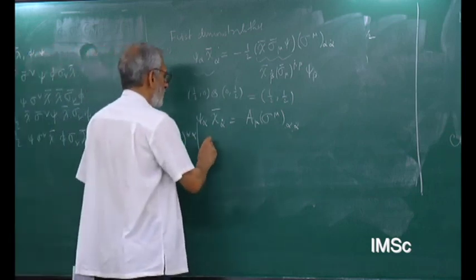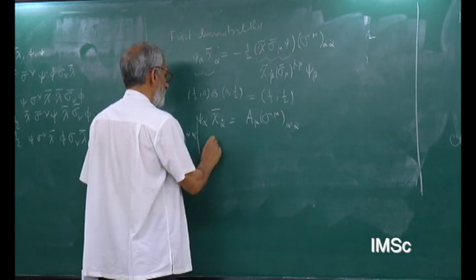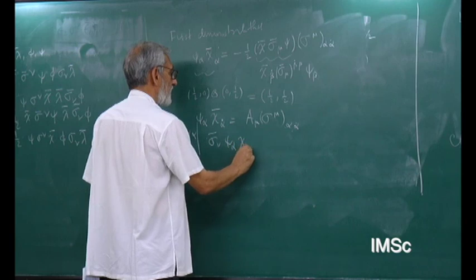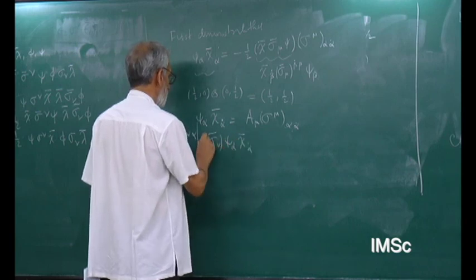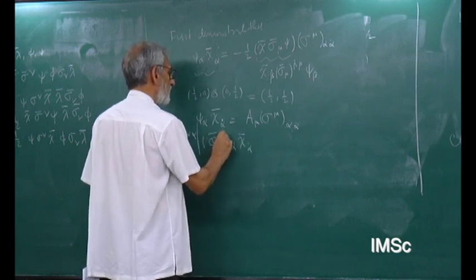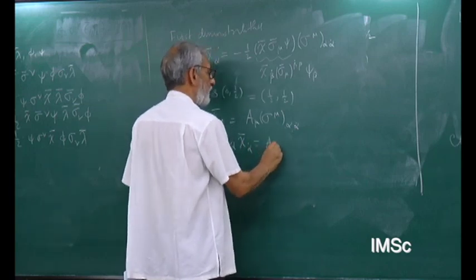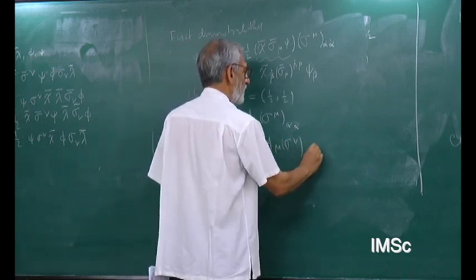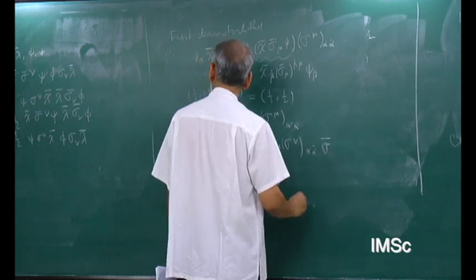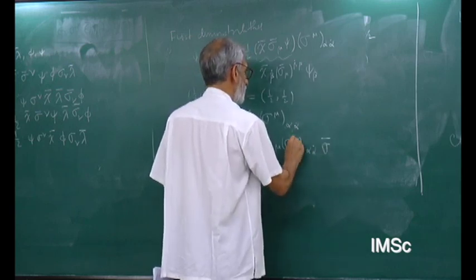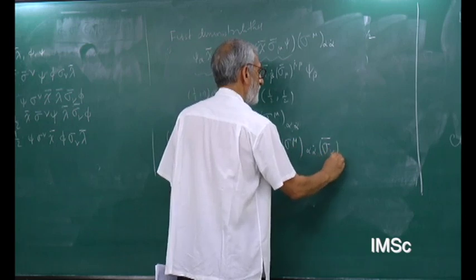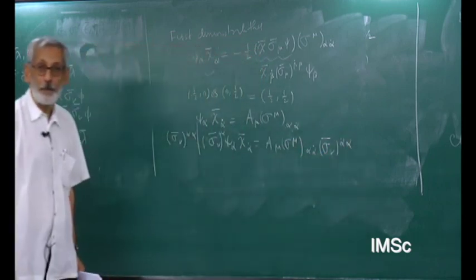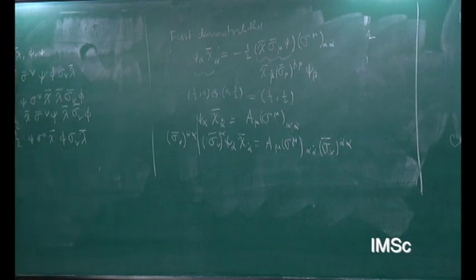What do you get here? You get sigma nu bar psi alpha dot alpha, and here you get A mu sigma mu alpha alpha dot sigma bar nu alpha dot alpha.